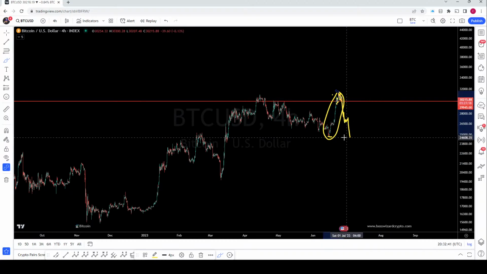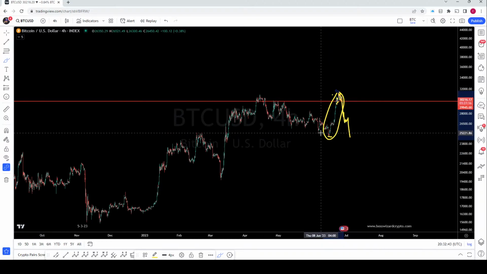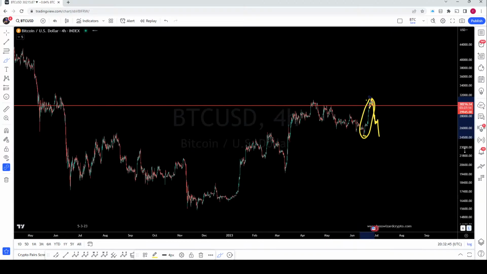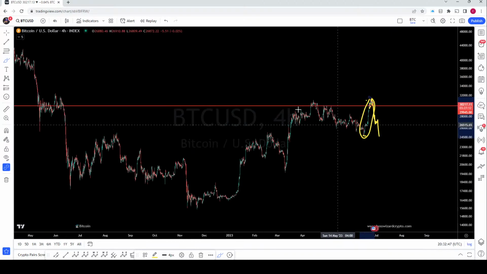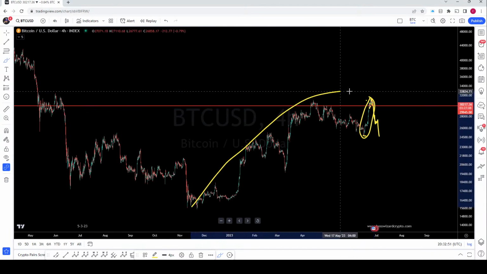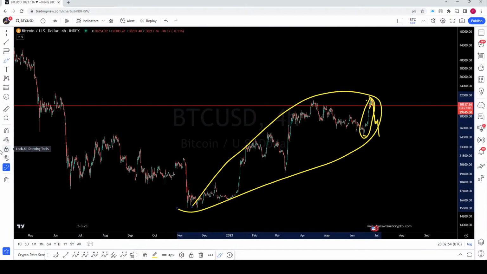Has to be if you break this low. Which then means, as soon as that low breaks, okay, then that means that this entire wave is complete. All the way from this low. It is all done. And then the only question remaining is, does this low hold or not?